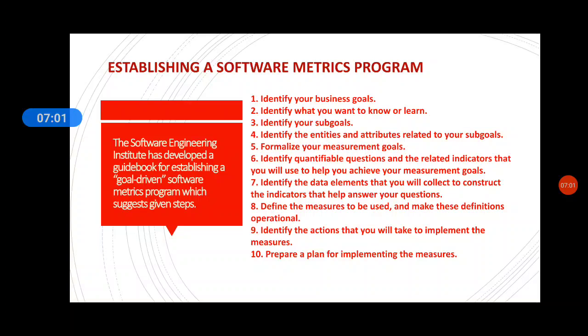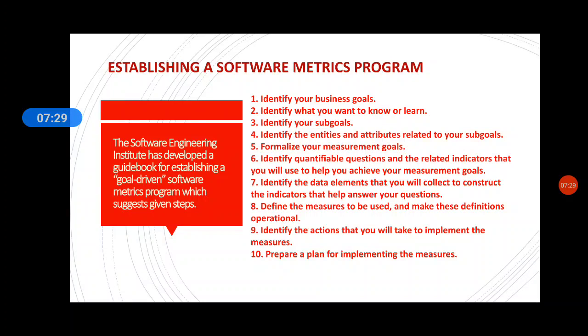The quantifiable value is to be identified for the corresponding questions related to the indicators. The next one is to identify the data elements that we have to collect in order to construct the indicators which help in answering our questions.